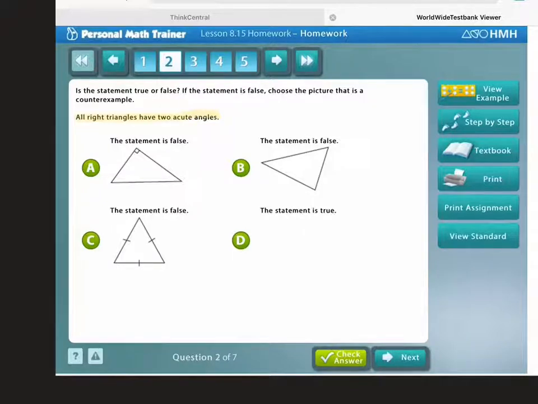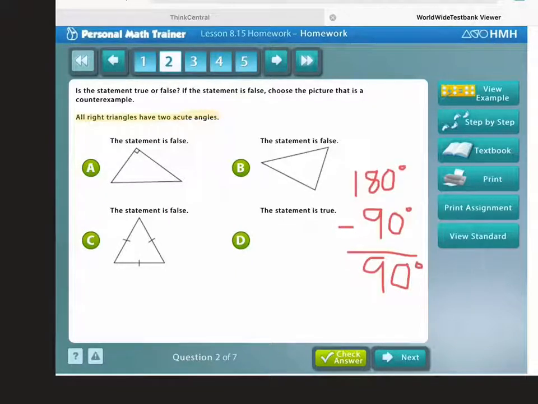Well, A is the reason why all right triangles have to have 2 acute angles. If you remember in the video, it said that all triangles are made up of 180 degrees. So if all triangles have 180 degrees in them and a right triangle has 90 degrees in it, then if you take away 90 degrees from 180, you end up with 2 angles that would have a sum of 90 degrees. By definition, an acute angle is less than 90.